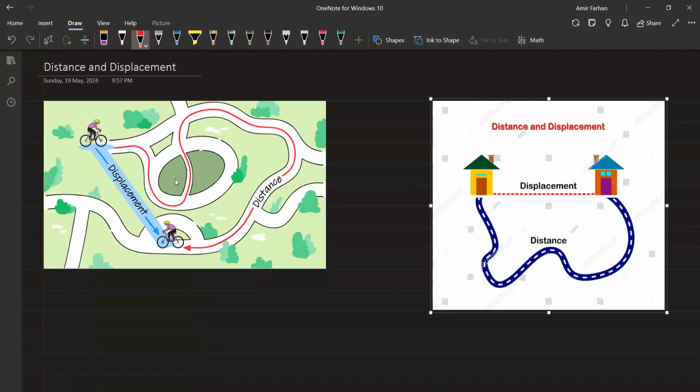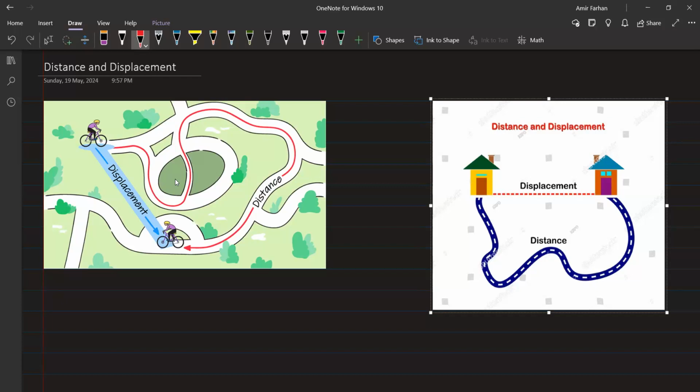But if you go by flight, the aeroplane will take a straighter path directly from Delhi to Mumbai. So we have two paths to follow. Either by road or train, that is a very long path, or by plane, that is the shortest path.